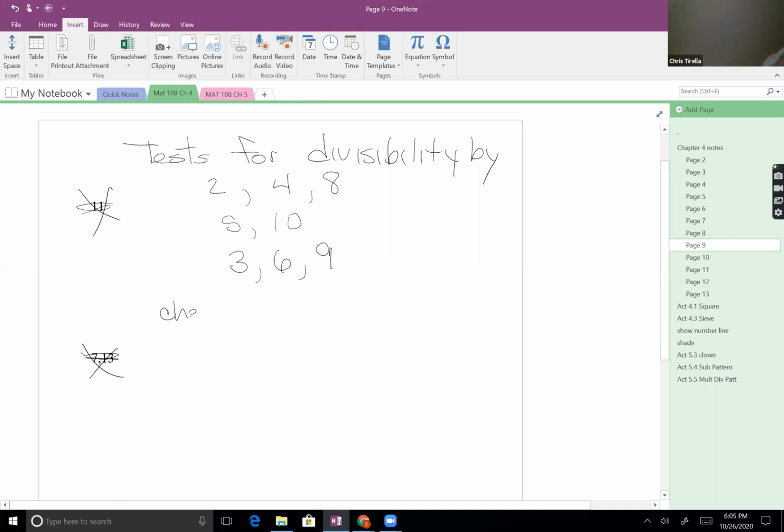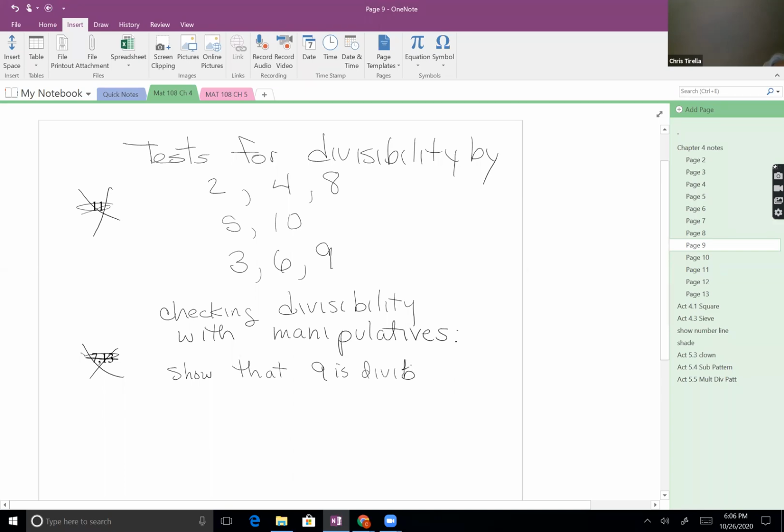of checking divisibility with manipulatives. And so let's say I want to show that 9 is divisible by 3.